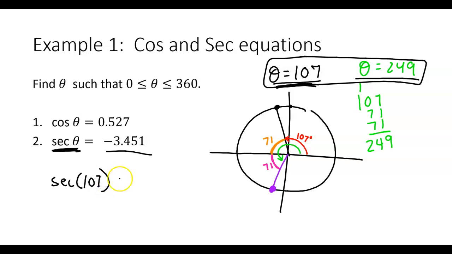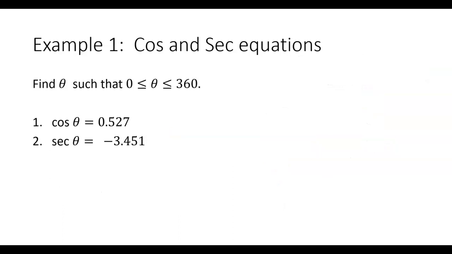And if you want to convert that so that you can actually use your calculator, you would do it like this. But either way, you should end up with negative 3.451. All right? So there is how you can find theta for angles that are not on our unit circle for secant and cosine.